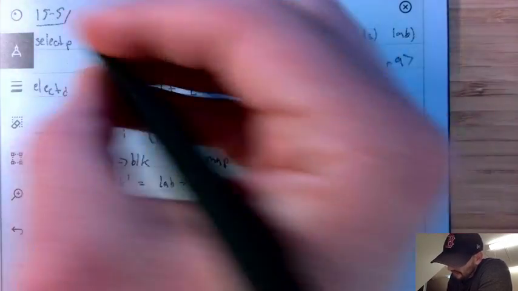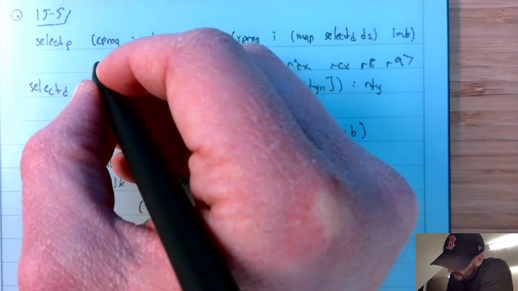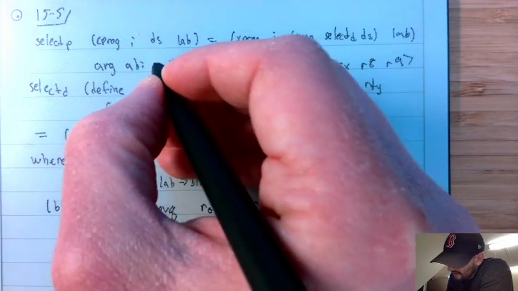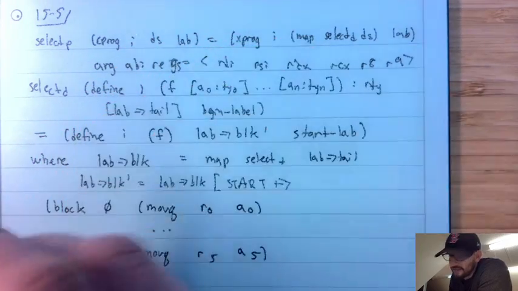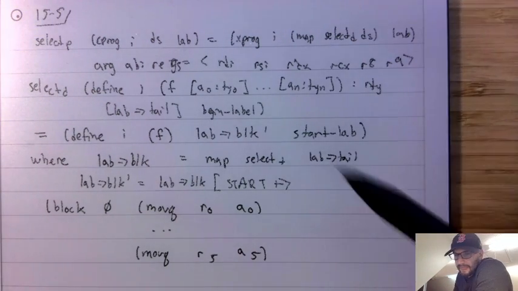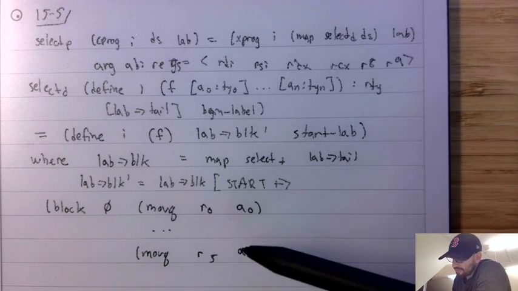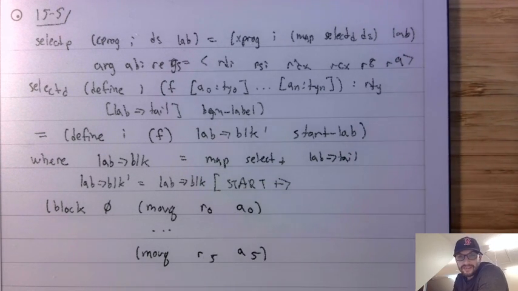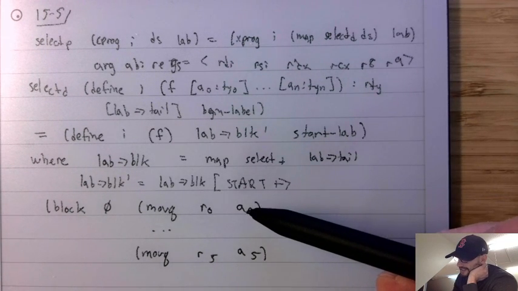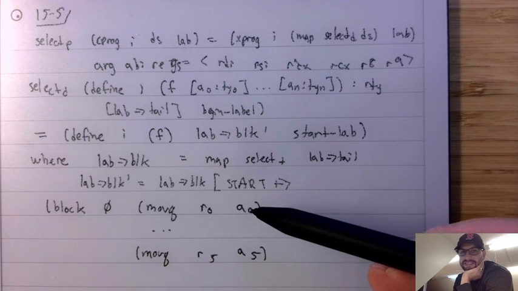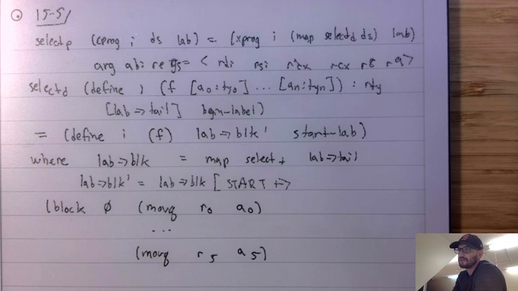So this right here is the arg ABI registers. It tells us what order the registers come in. So we move each one of those registers into the appropriate arg, which of course is a variable, which means that later on, when we do register allocation, these guys are going to appear in the move graph. So that's going to bias these arguments to actually appear inside of those registers.